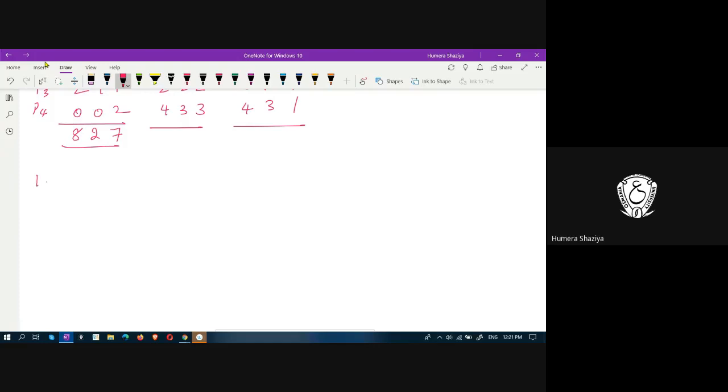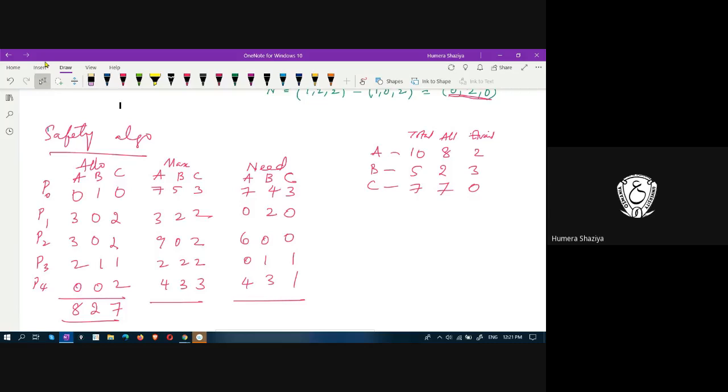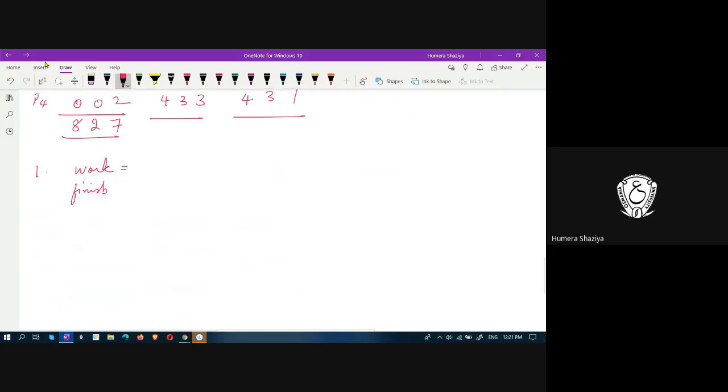The first step is you have to define and initialize two vectors, work and finish. What is work? Work is equal to available. Look here, available means the available resources, which are 230. So work is equal to 230.